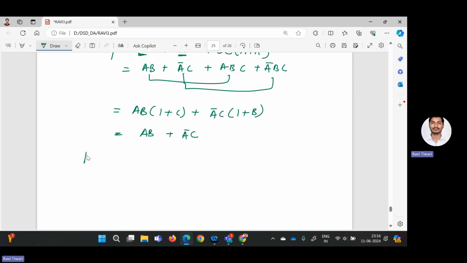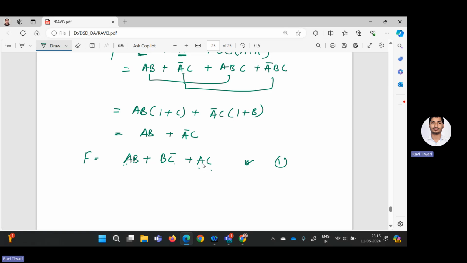If you have a function F equal to AB plus BC bar plus AC, can it be minimized by using the normal theorems? No. Here we have to use the redundancy theorem because it follows these three conditions. First, three variables should be there: A, B, C, satisfied. Second, each variable is repeated twice: A, B, and C are each repeated twice.